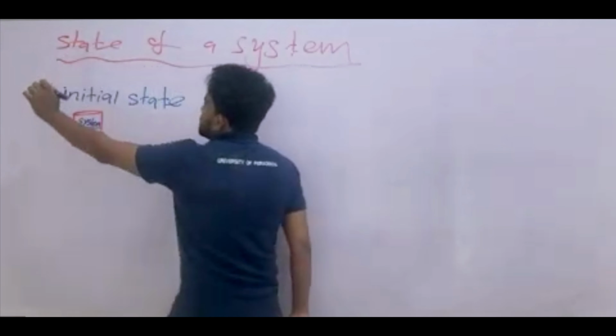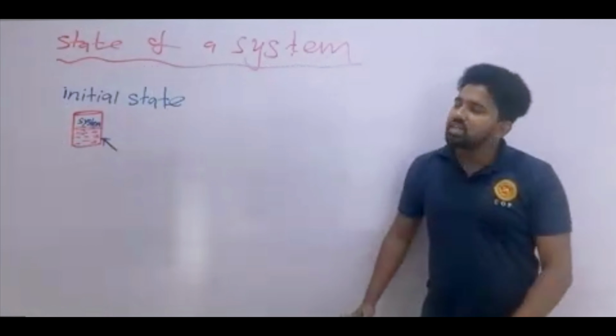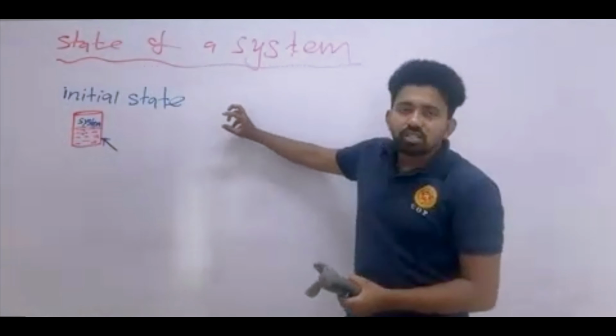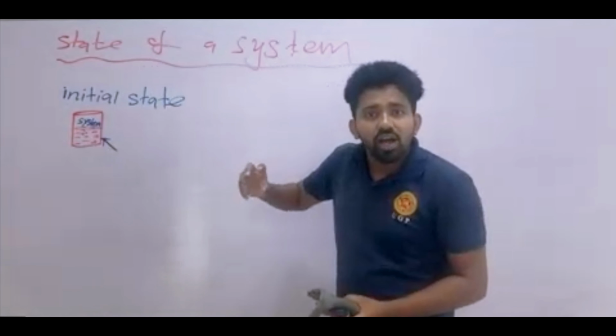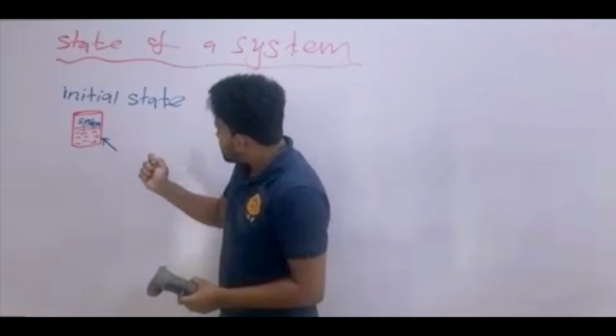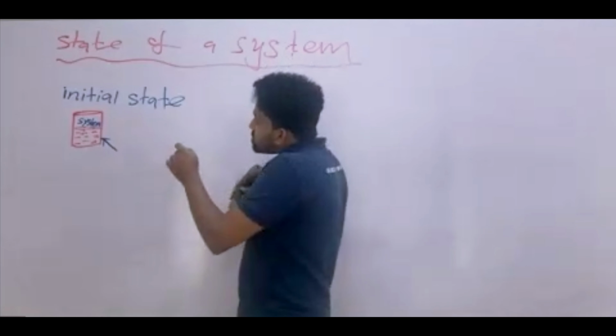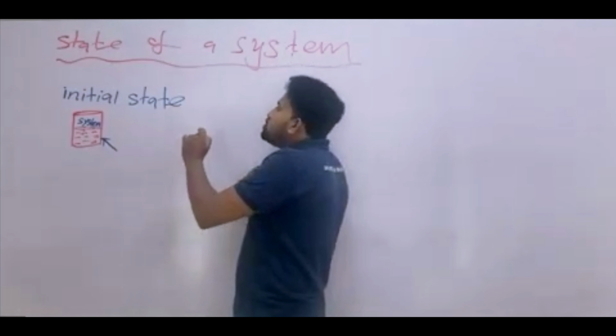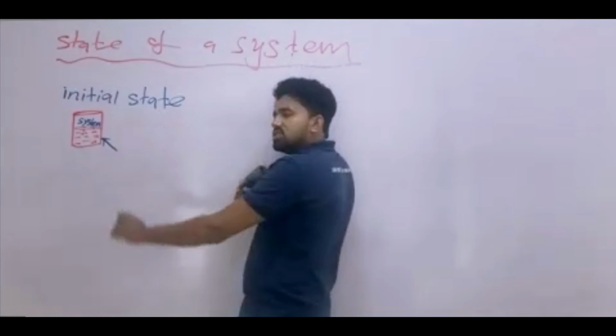So let's use this word, initial state. So what is initial state? Initial state is the state where the system does not start to interact with the surrounding.